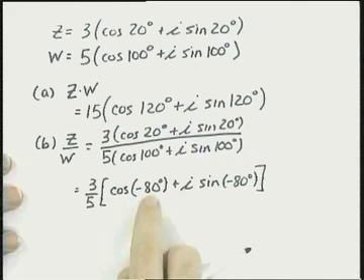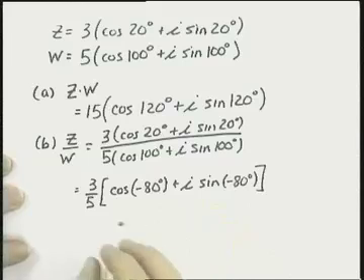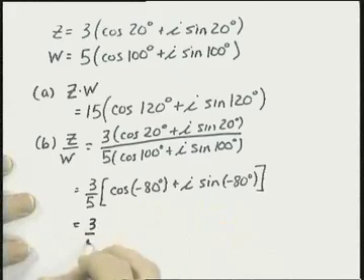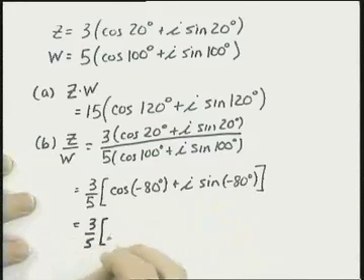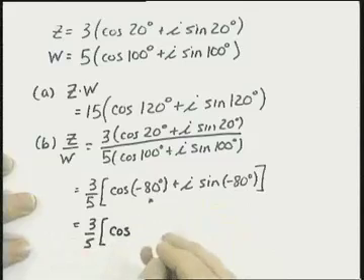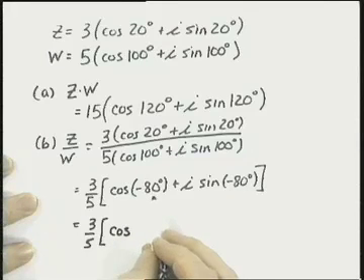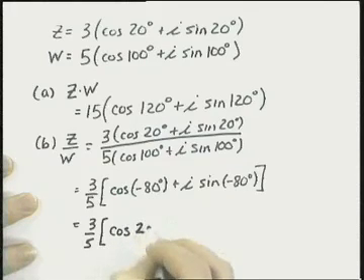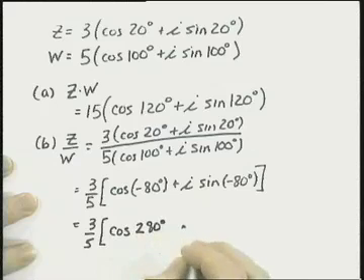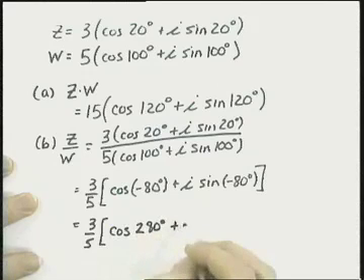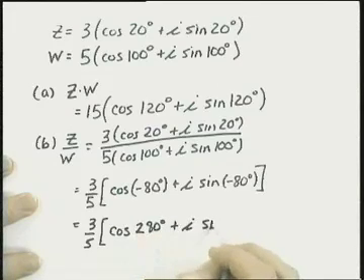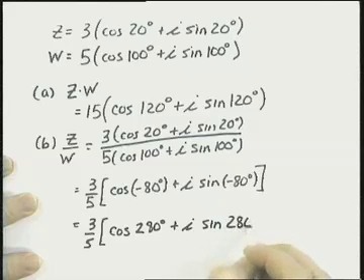That's accomplished by adding 360 degrees to each of these arguments. The result is that I get 3/5 times the cosine of negative 80 degrees plus 360, which is 280 degrees, plus I times the sine of 280 degrees.